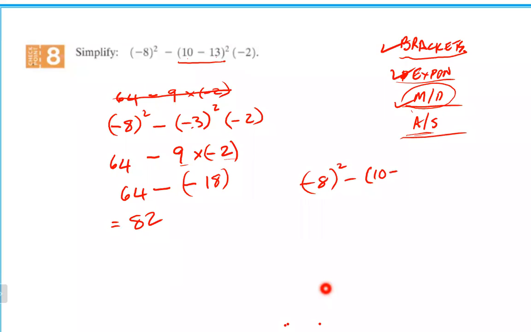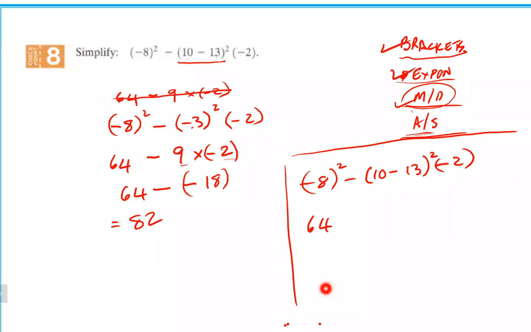10 minus 13 to the second times minus 2. So if you wanted to, you could go straight ahead and say that is 64. And then you could say minus, what's this? Negative 3 squared times negative 2.